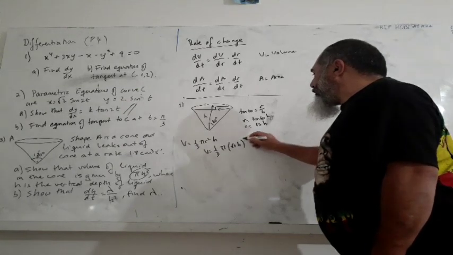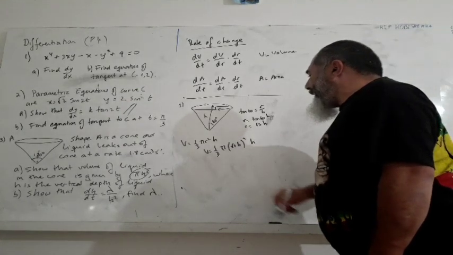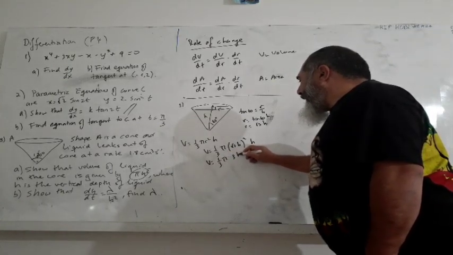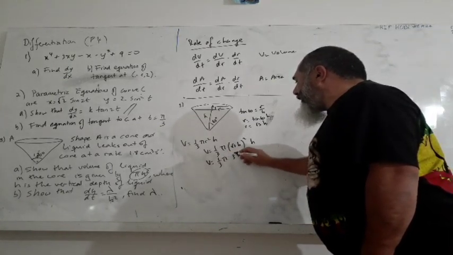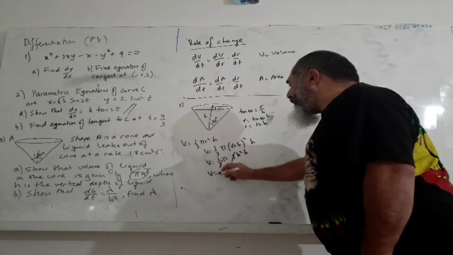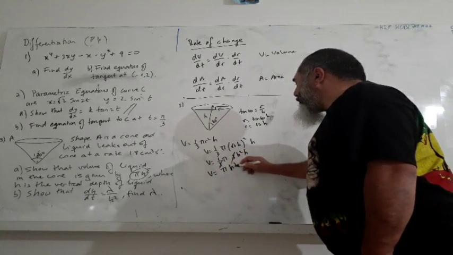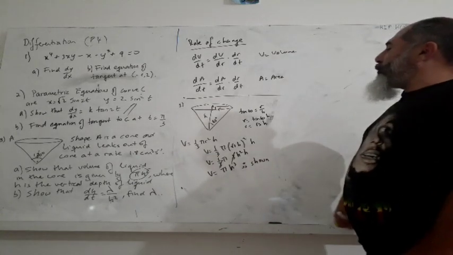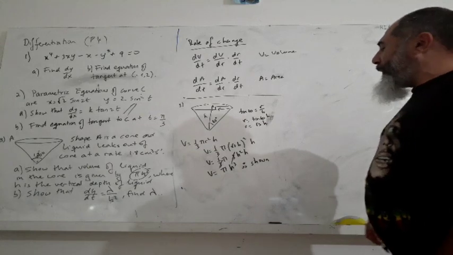Volume is 1 over 3 pi 3h squared times h. The 3's cancel each other. Volume is equal to pi h cubed, therefore shown. With the help of trigonometry and geometry, we found V, the volume, in terms of h only.